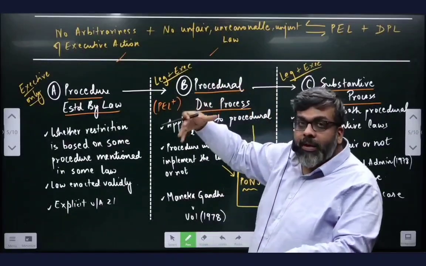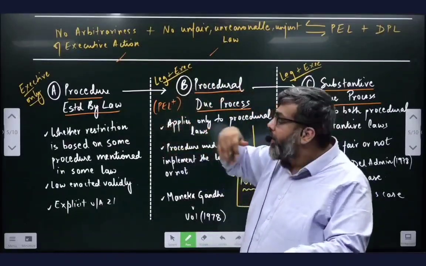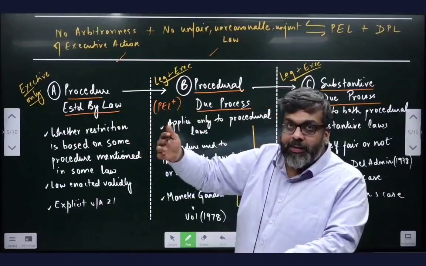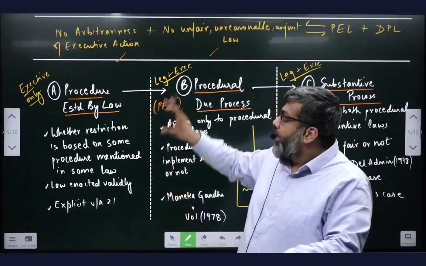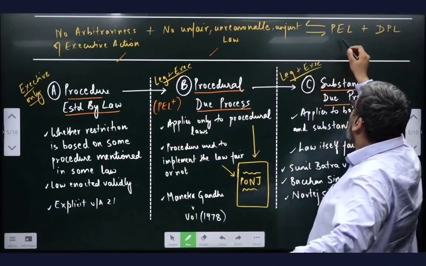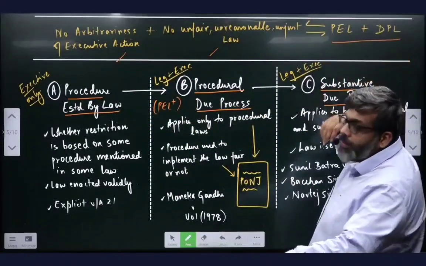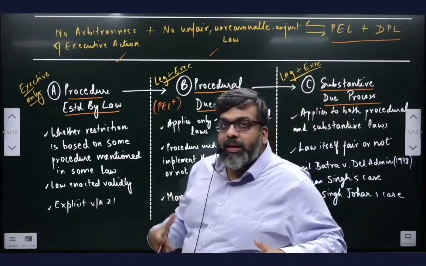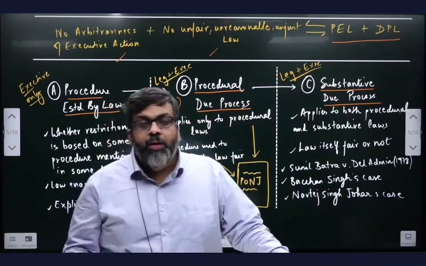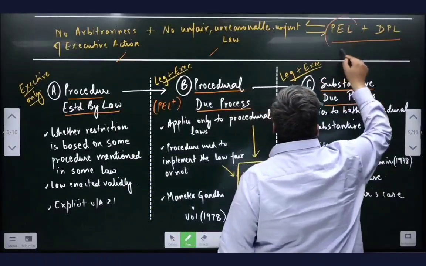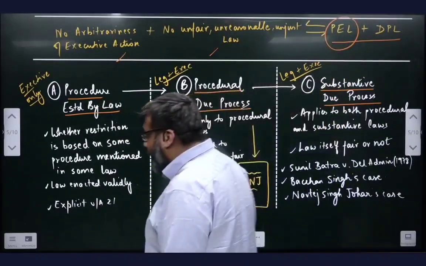The law is not unfair, not unreasonable, not unjust, and the executive has not been arbitrary in implementing it. If either of the two or both are fulfilled, then you would have what is called due process of law. Now, the larger umbrella term is due process of law. What the Constitution under Article 21 mentions is procedure established by law.